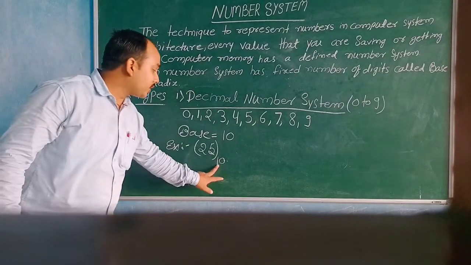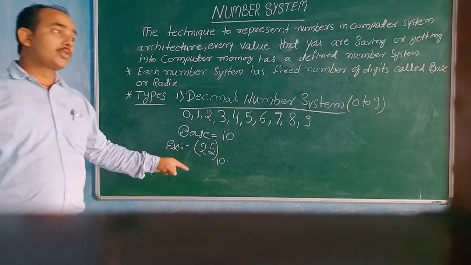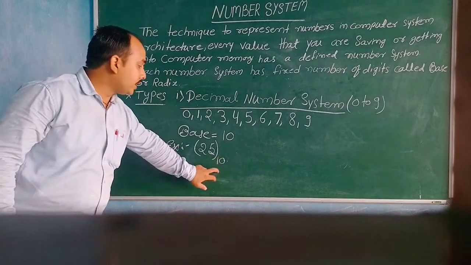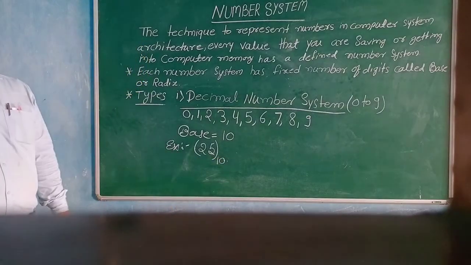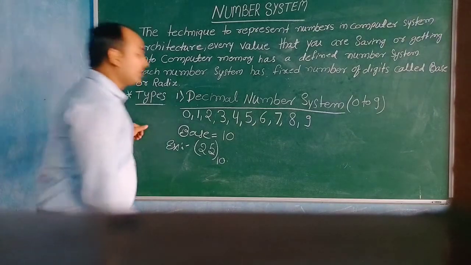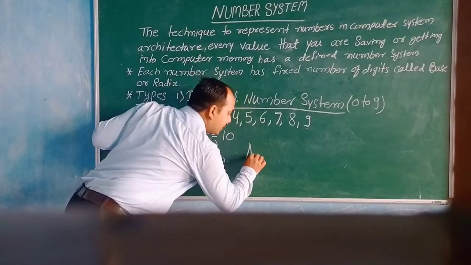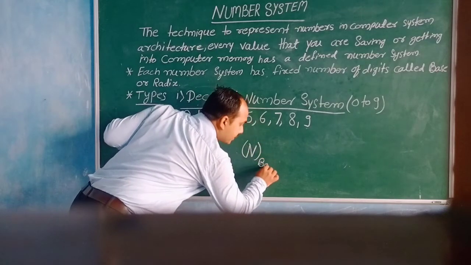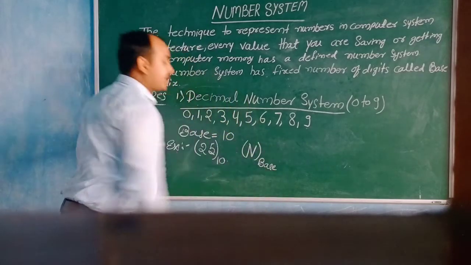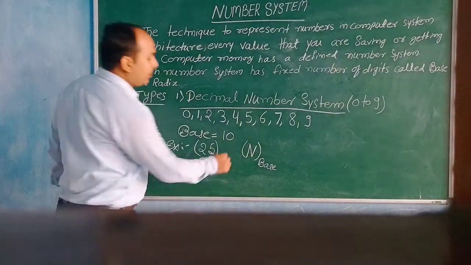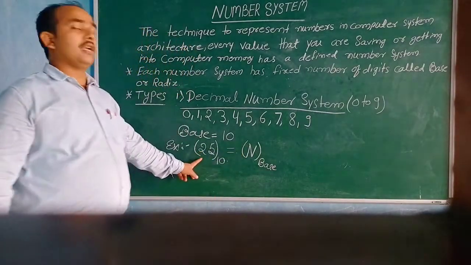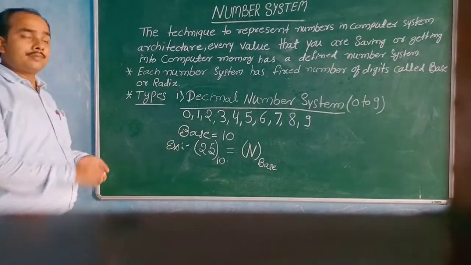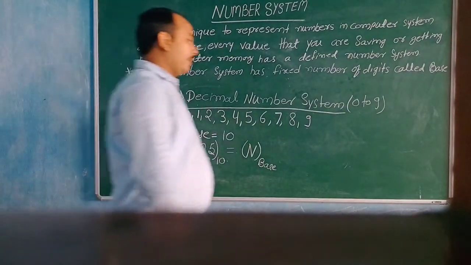It is in the decimal number system, because the base of the number here is in decimal form. Suppose A, how to indicate? This is your number and here is the base. The base is also known as radix. So 25 here is the number and 10 is the base. Any problem?